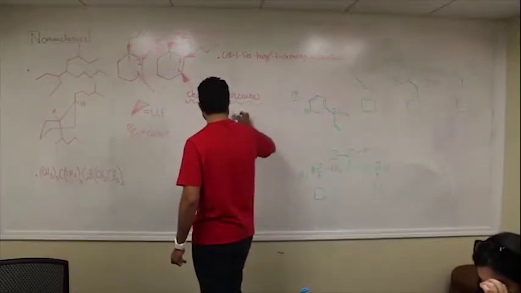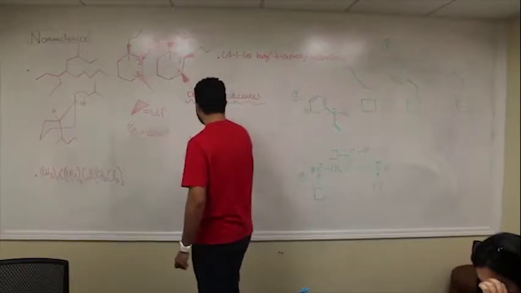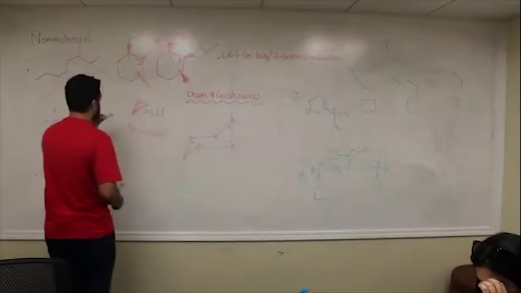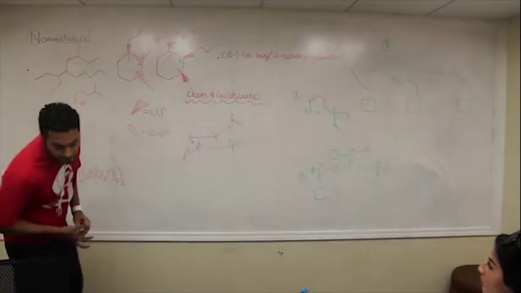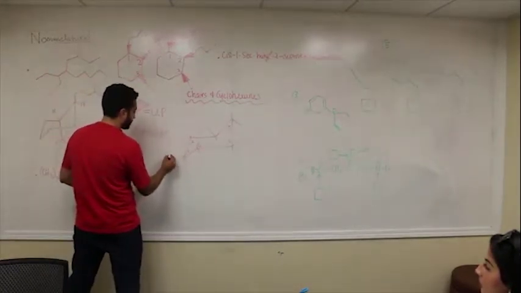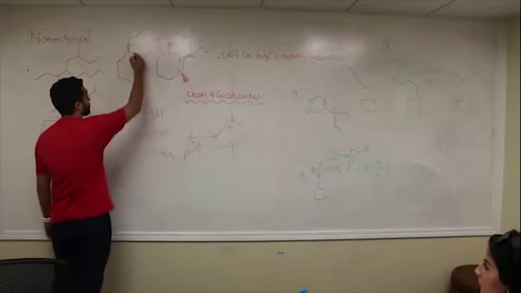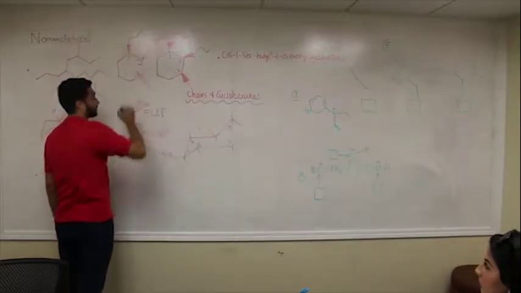Okay, so the left one. 1 was up, and this is a CH2, CH2, CH3, okay? This group over here has an understood dash, right?